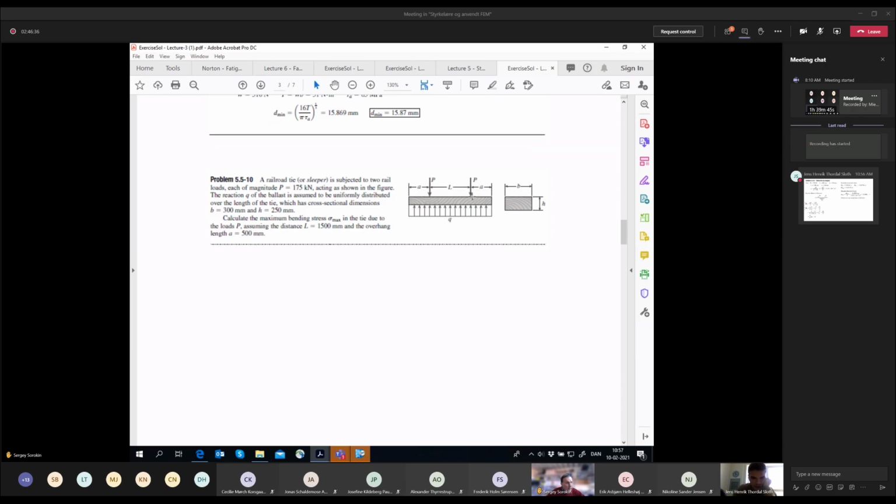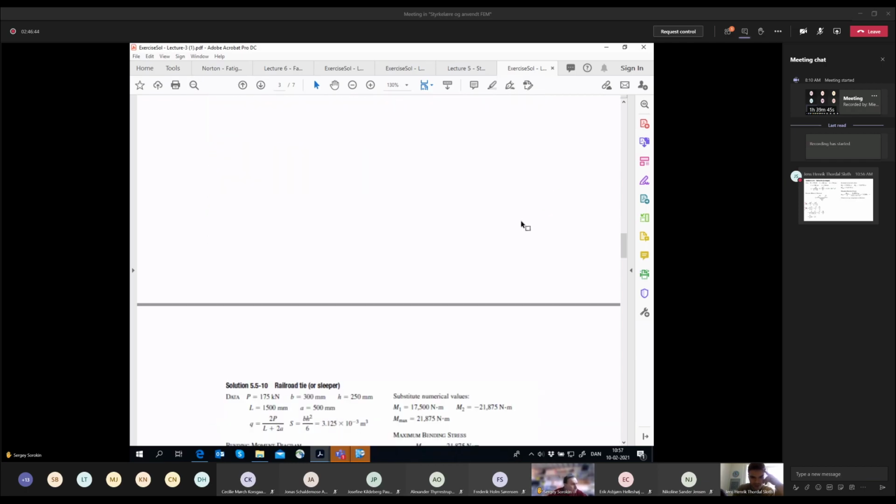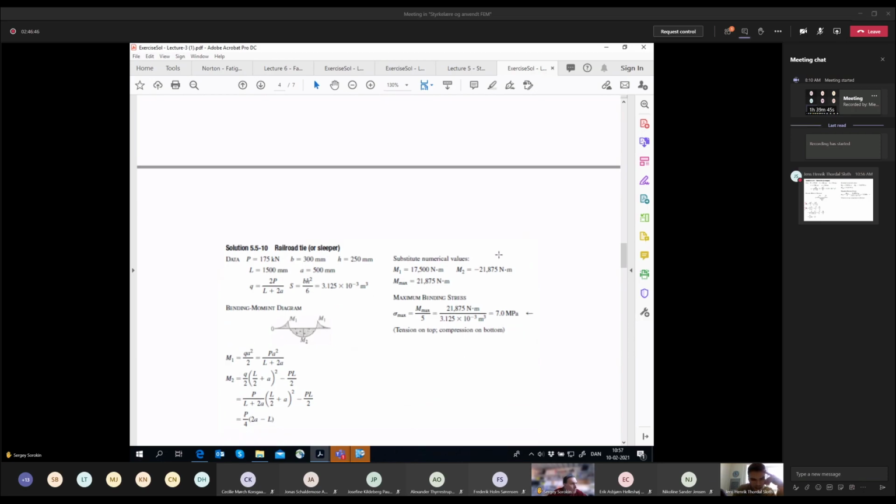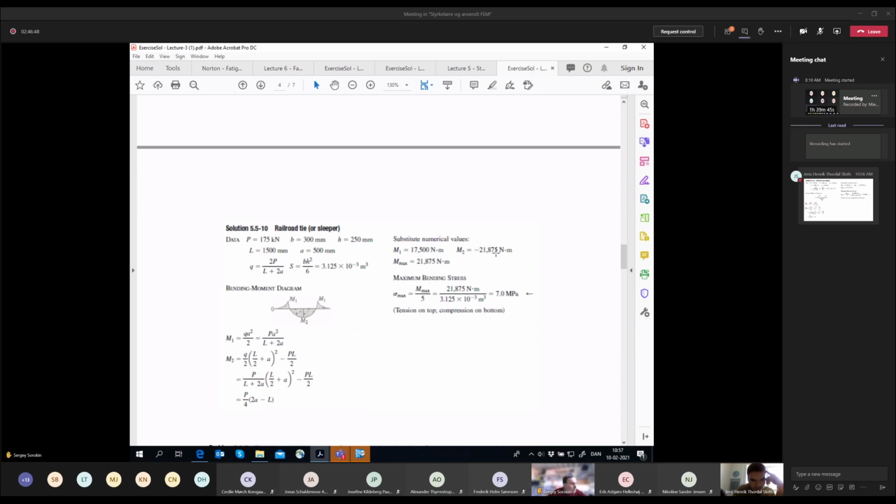We have a slipper, and then we have two forces from the wheels, and uniform distribution of friction. And then I'm having trouble figuring out where the formulas for M2 and M1 come from. So this is from the shear force and bending moment diagrams.